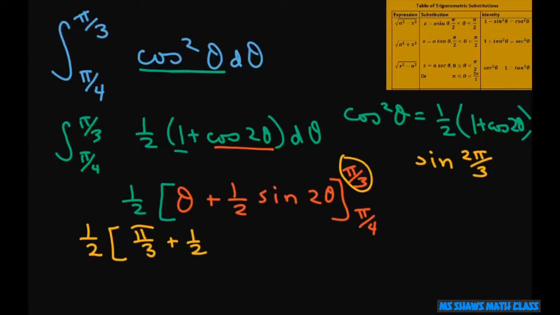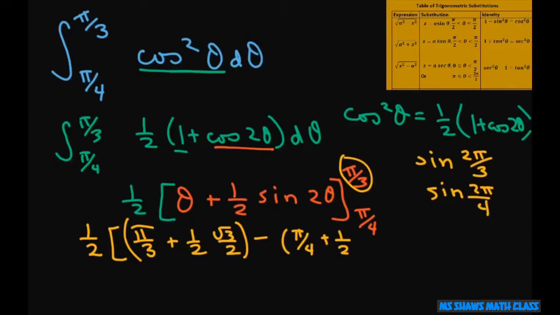And sine of 2 pi divided by 3 is square root of 3 divided by 2. Then we have minus, so this is a parentheses, we're doing pi over 4. So that's going to be minus pi divided by 4 plus 1/2 sine of 2 pi divided by 4, which is sine of pi divided by 2, so that's going to be 1.